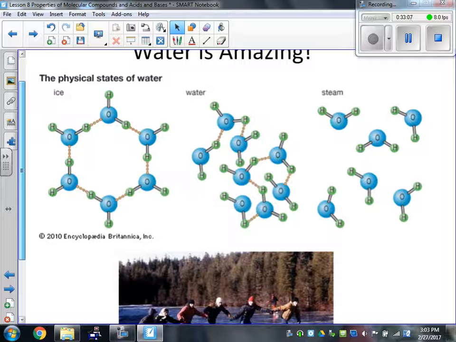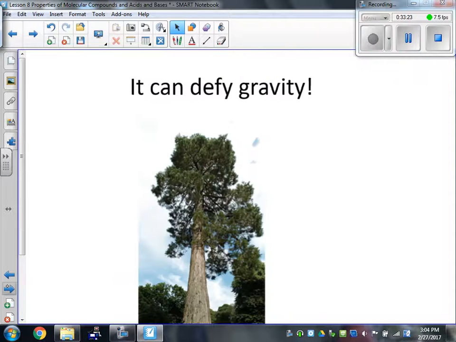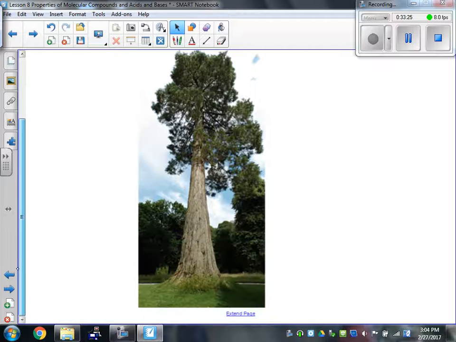Water, the ones that we drink, have some that are connected, not all of them. And steam, of course, they're all independent of one another. That's why we're able to skate on ice, because it's joined together.